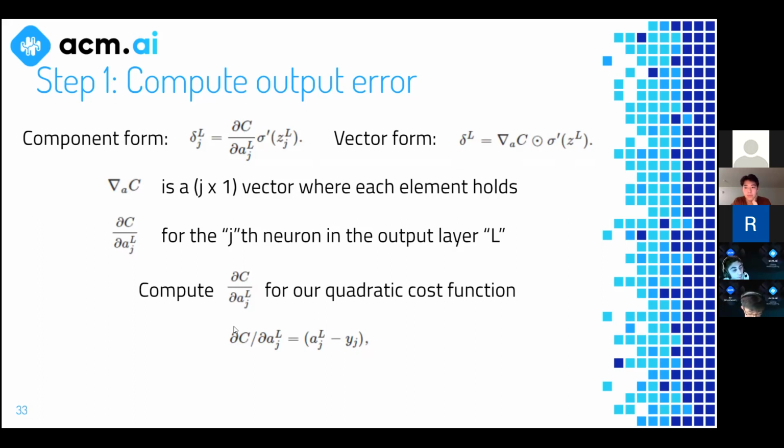But for mean squared error, the derivative of the cost function with respect to the activation is equal to this quantity, for this specific cost function. If you're using a different cost function, it's going to be different.